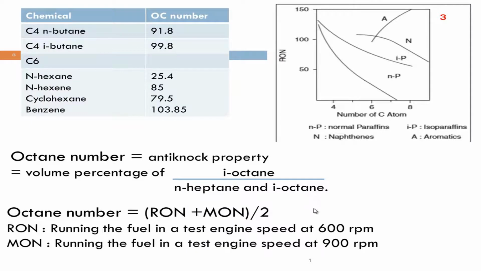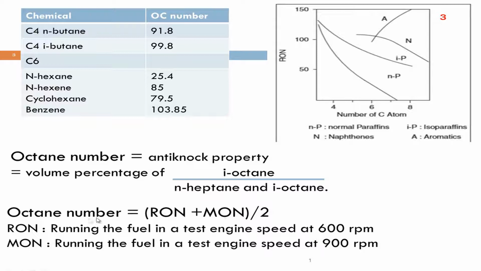Let me give you an idea of what the octane number is. The octane number is the measure of its anti-knock properties, which is equal to the volume percentage of isooctane in the mixture of n-heptane and isooctane. The octane number can be classified into two categories.